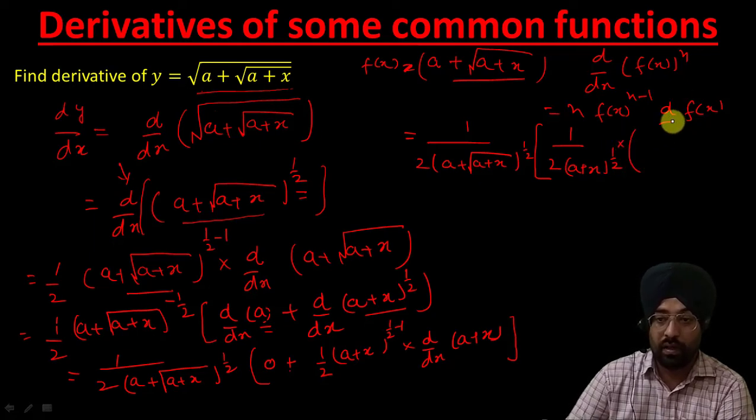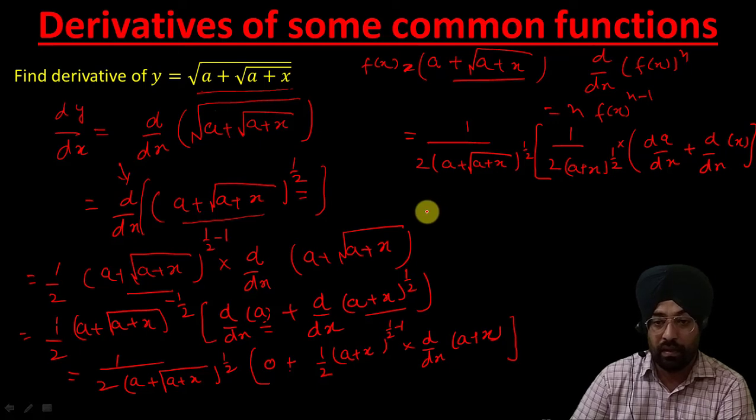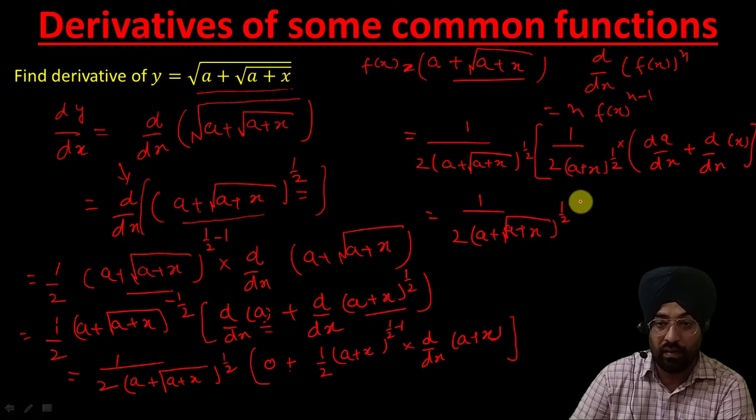so let us see, into, again applying u plus v, dy by dx, plus dy by dx of x. Now it becomes half, a plus x square root raised to the power half, multiplied by 1 by 2, a plus x raised to the power half.